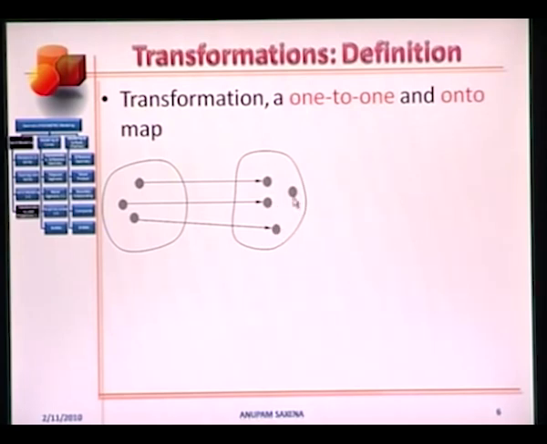But notice this element in V. It does not have any preimage. This is a one-to-one map and not an onto map.